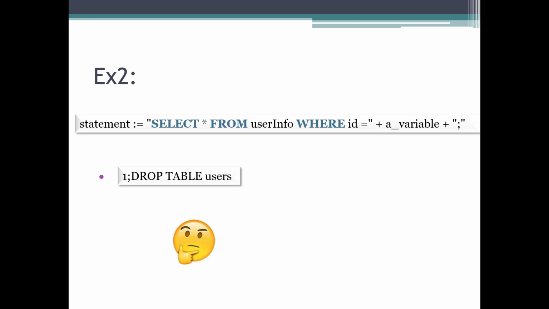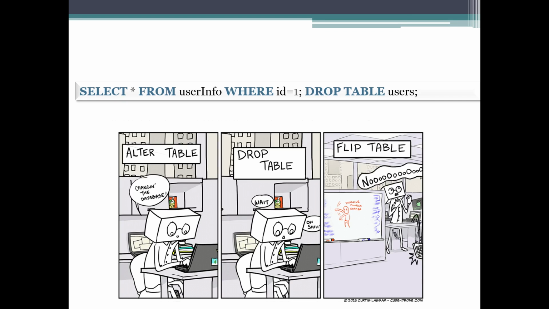As for the second example, we have practically the same line of code, only we just changed up a few things, but I'm going to type this instead. As you can see, I just typed drop table users. What do you think would probably happen? In the end result, selecting all from the user info where the ID is 1, that's fine, but right after I inserted a semicolon, I said drop table users semicolon.